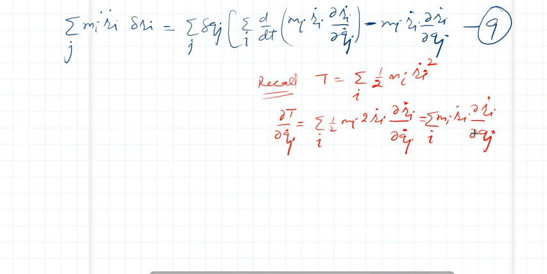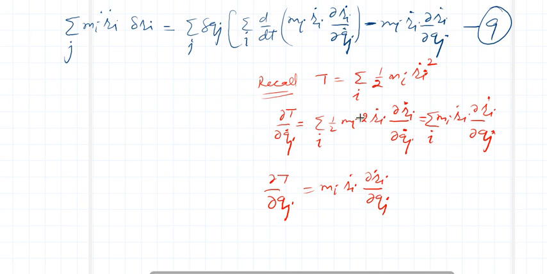That's what I am getting. Similarly I can write the expression for ∂T/∂qj, which is equal to mi Ṙi · ∂Ṙi/∂qj.